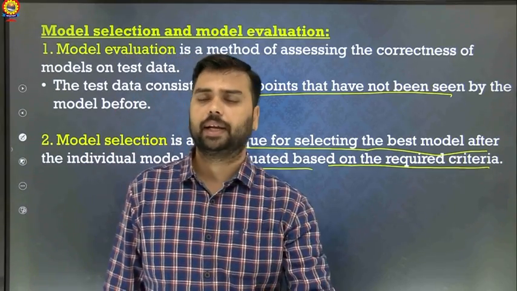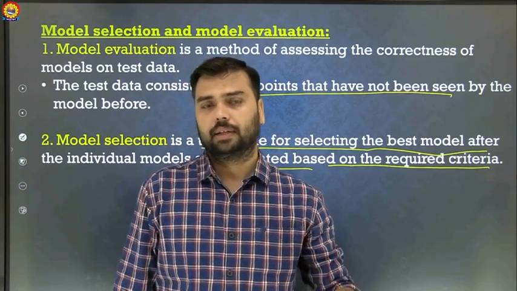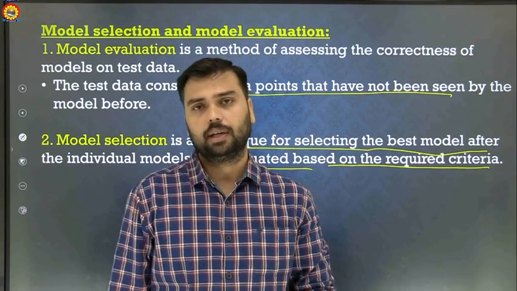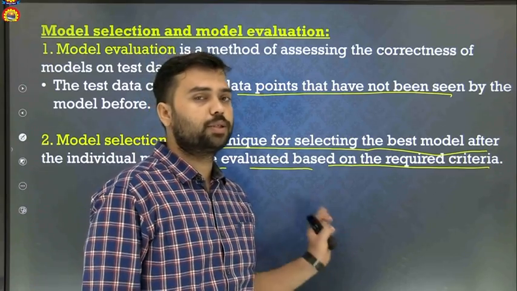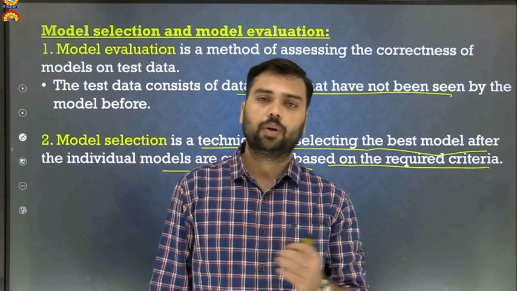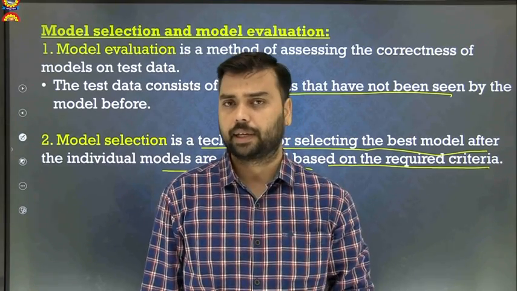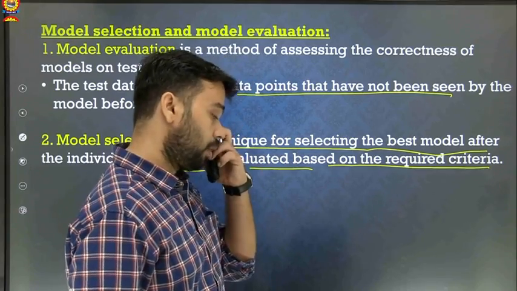We test the data on the different models, categorize the results of those evaluated models, and among them we select the best model. That is known as selection. Selection is nothing but choosing, among the evaluated models, which model will be used for generating the target value. That is simply known as model selection.